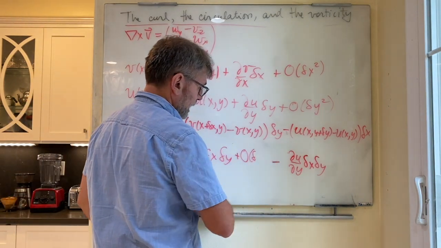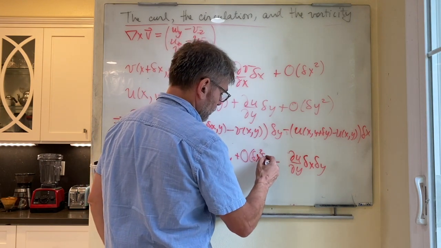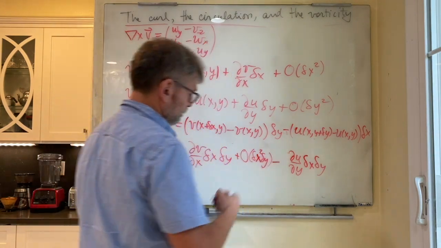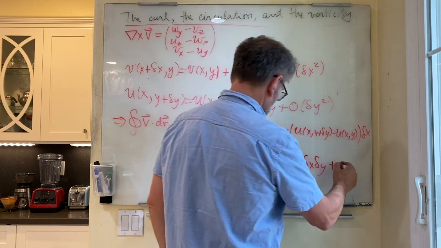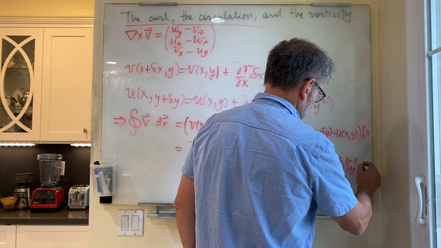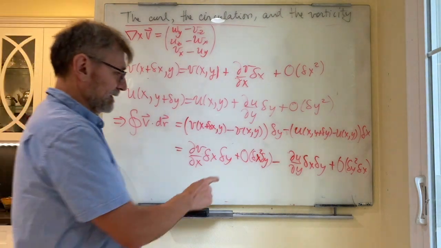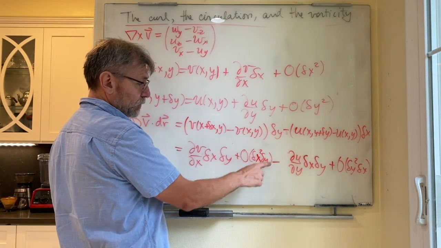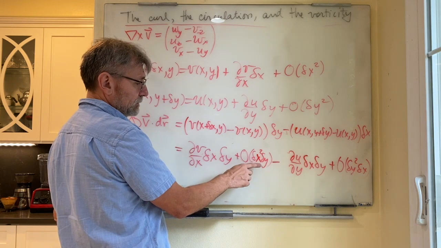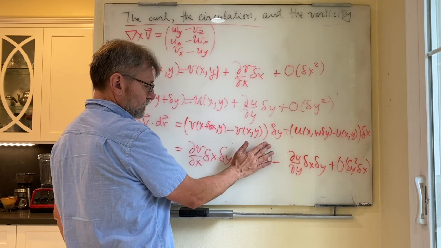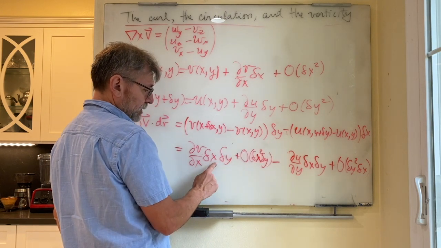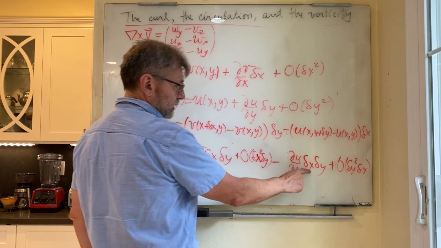This should have been delta x squared delta y, and higher order terms, plus terms of order delta y squared delta x. The important point, though, is that I didn't need to copy those. These are going to go like the cube of small quantities, right? Delta x squared and delta y. So these are going to go to 0 very fast compared to these delta x, delta y.